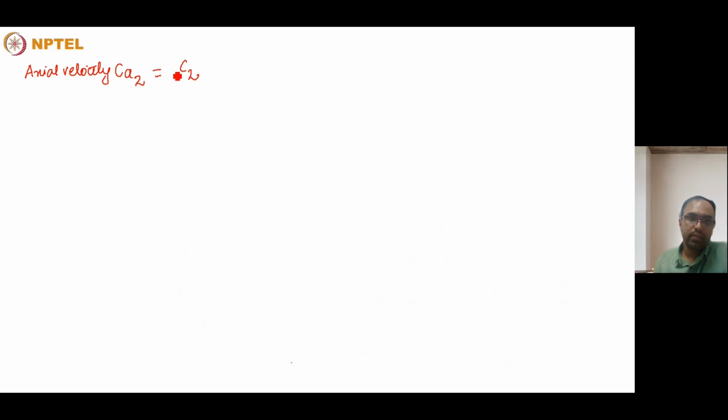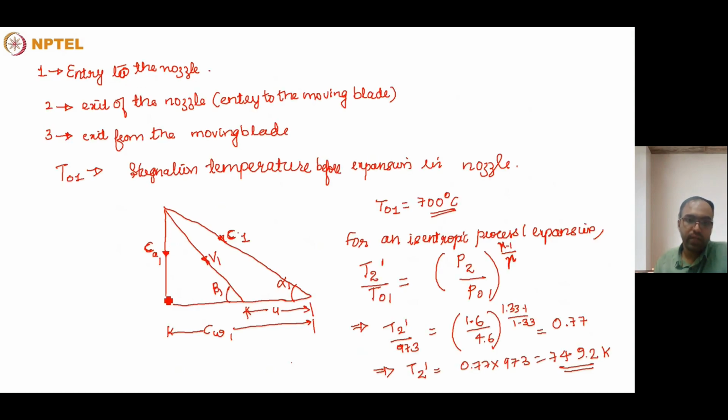From the velocity triangle, CA2, that is a vertical component, can be written as follows. This is the velocity inlet to the nozzle. At the exit of the nozzle, it can be written as C2 cos alpha 2.